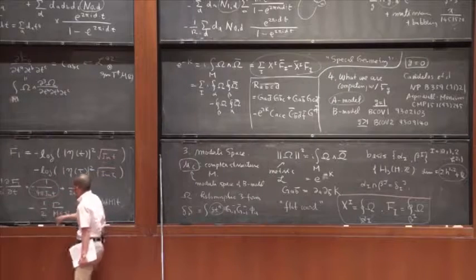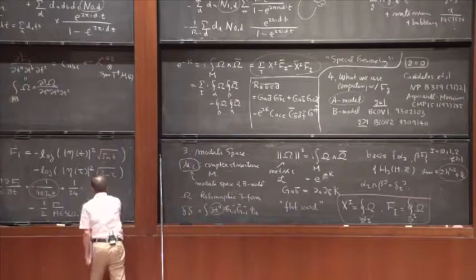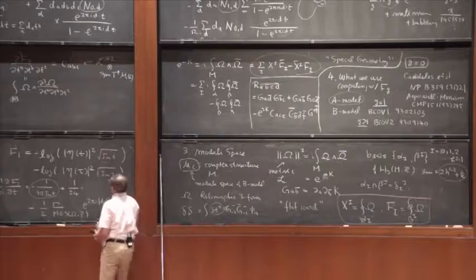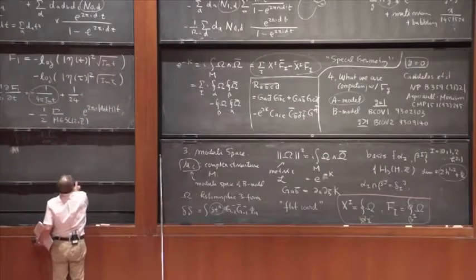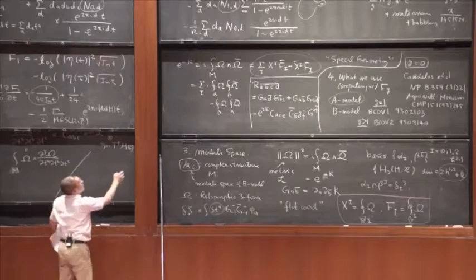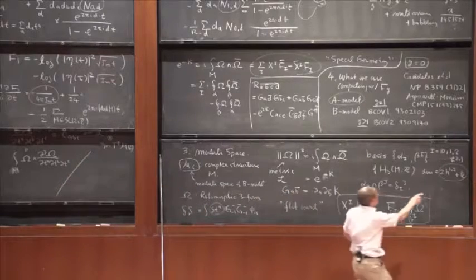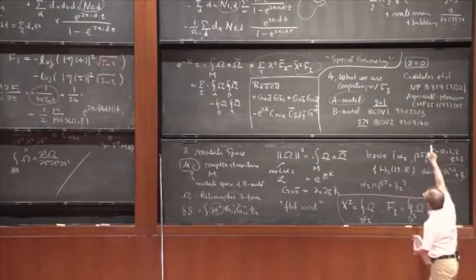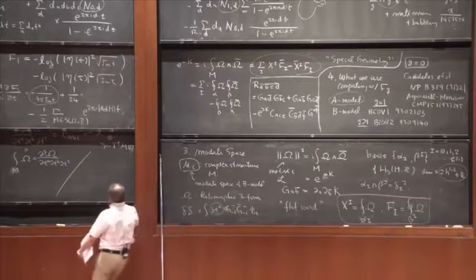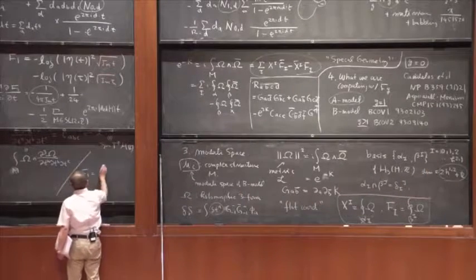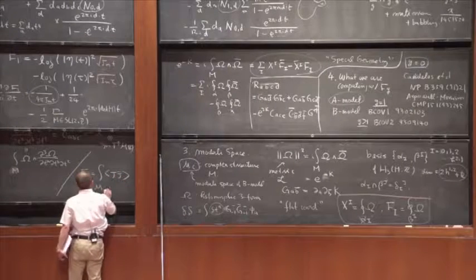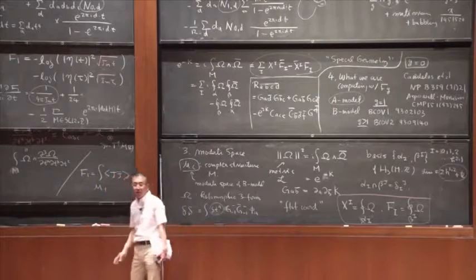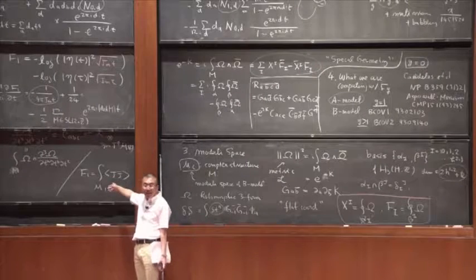Because if you remember the definition of F1, which is somewhere there, but I erased it, I guess. Then F1 is just an integral of j bar over moduli space of torus.